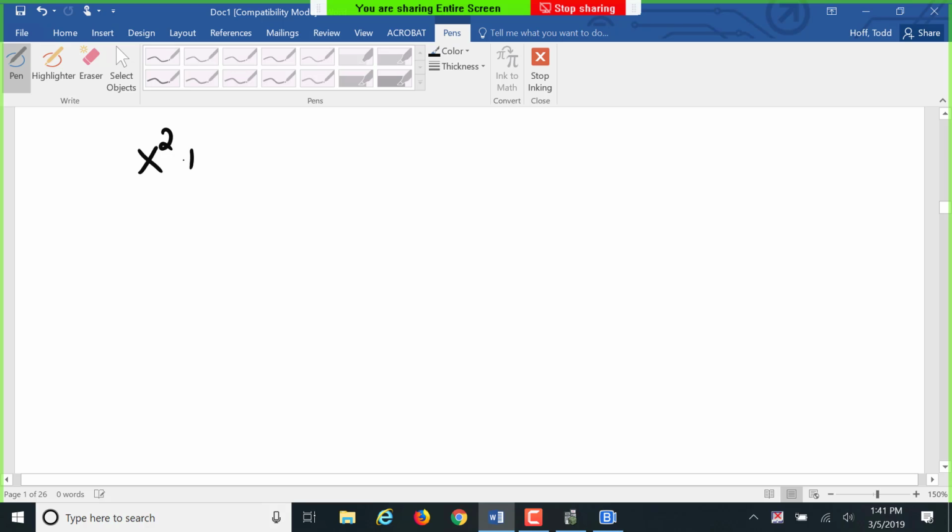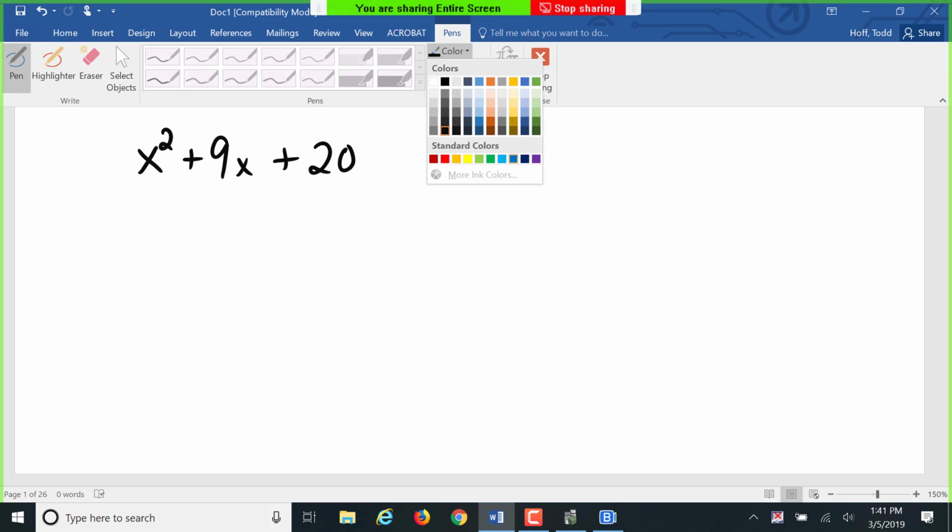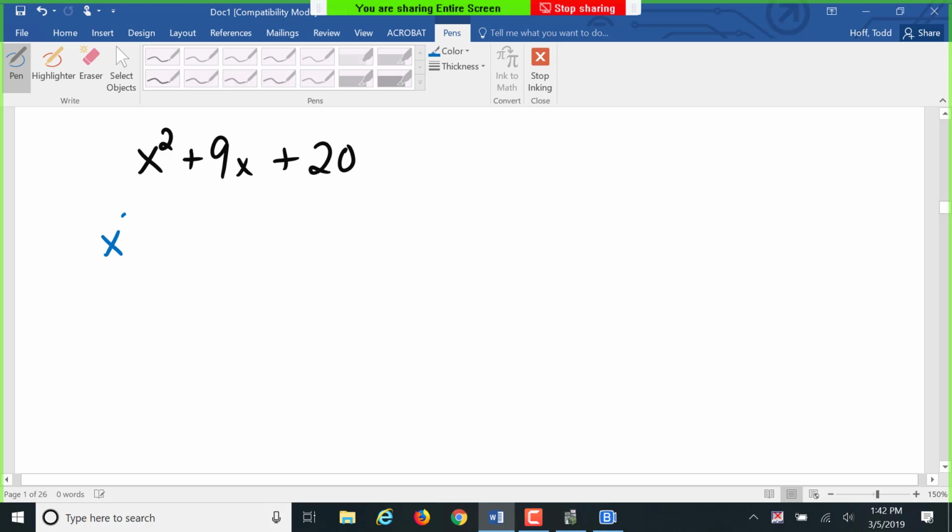So let's say I've got x squared plus 9x plus 20. So the x squared is going to stay up here, and the 20 is going to stay back here. That 9x needs to get split up.